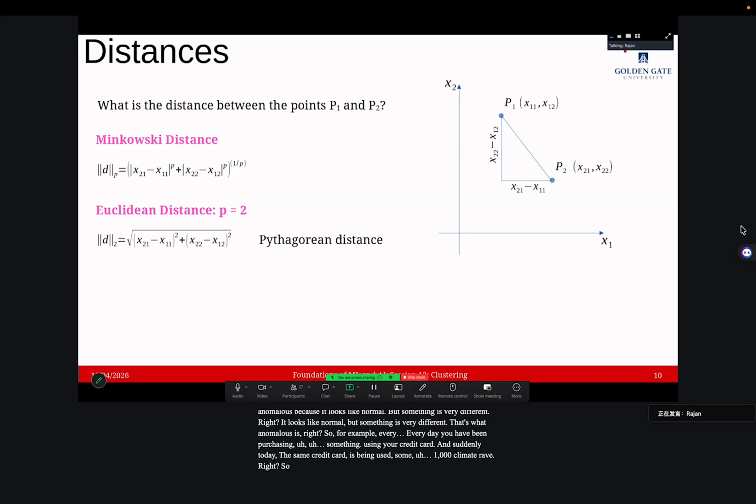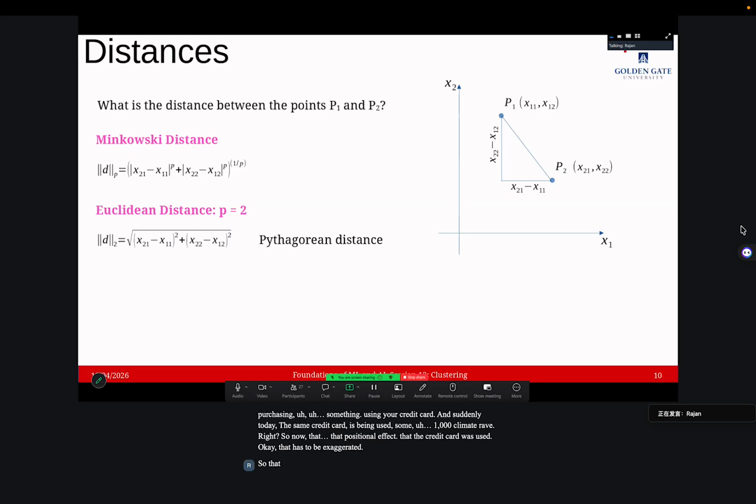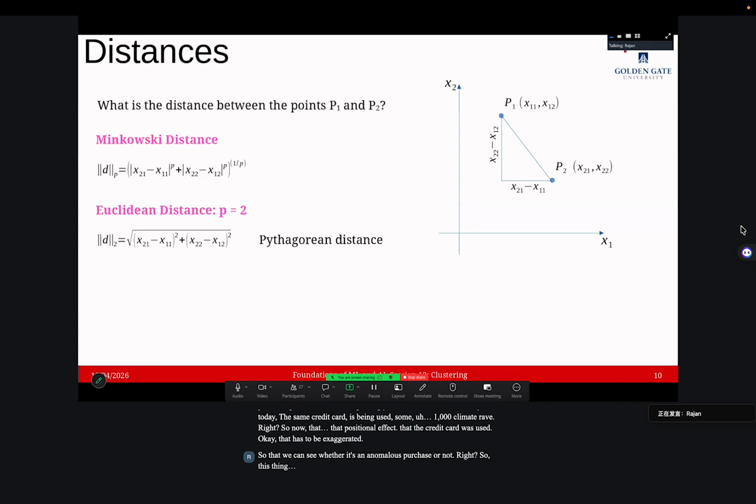So that positional effect where the credit card was used has to be exaggerated so that we can see whether it's an anomalous purchase or not. So this Minkowski distance is useful to identify anomalies.